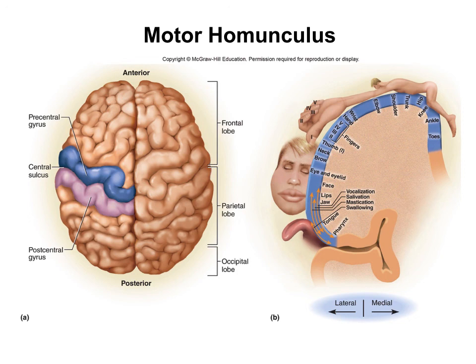Now, what is interesting is if you damage an area on this fold, the resulting deficit is paralysis in that body area. So if you damaged the hand region in the left primary motor area, you would have paralysis in the right hand.